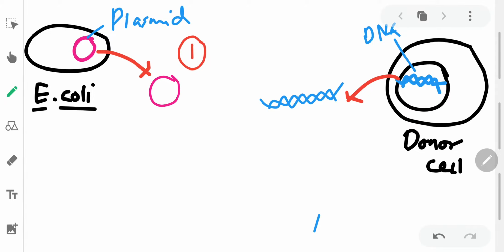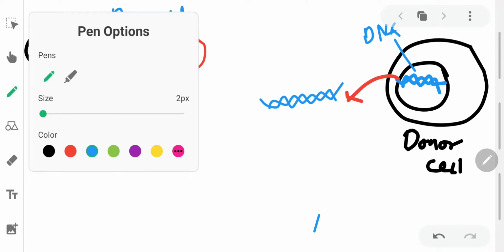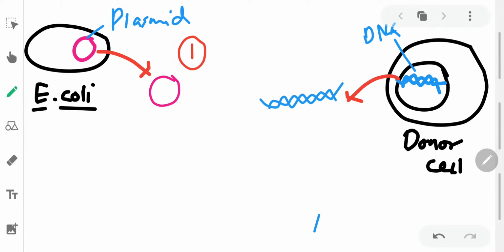Alright. Now, as I said just now, in step 1, it involves isolation of plasmid and isolation of target DNA. This is target DNA.